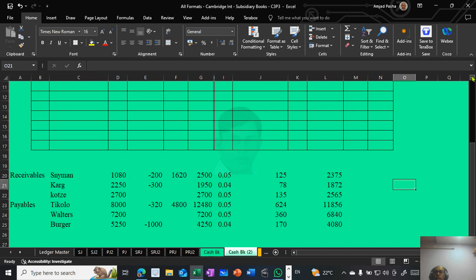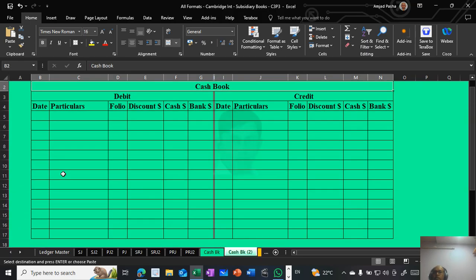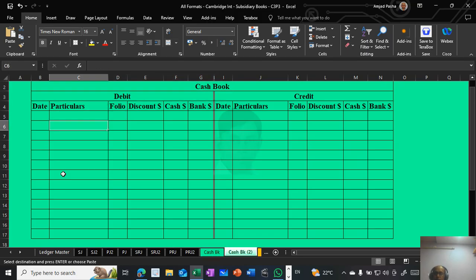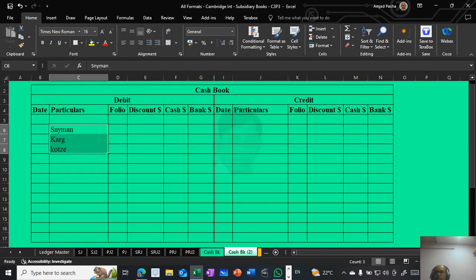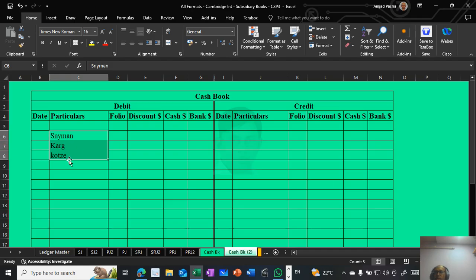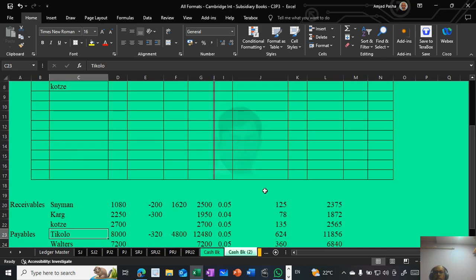So we have to write it. So where do you write? So all these three guys have paid. Three guys have paid. So how much they have paid and what is the discount? We have allowed them a discount.